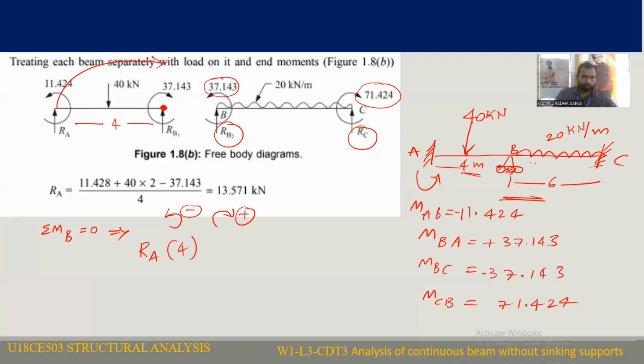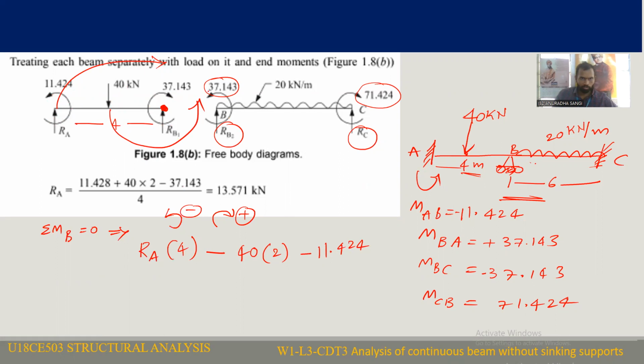And another force is there. This is 40 kilonewton, which is producing anti-clockwise effect with respect to B. So that is 40 into 2. And also two moments are there. 11.424 is acting anti-clockwise, that is negative, minus 11.424.